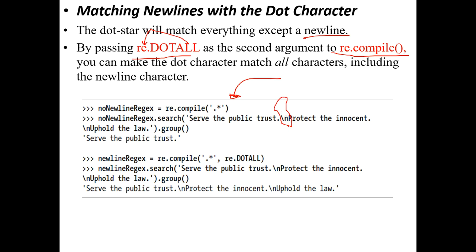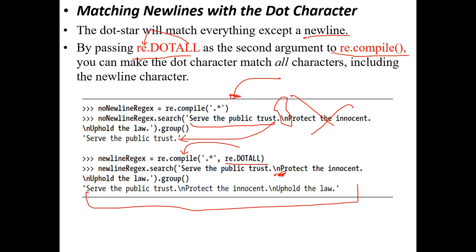When it encounters the new line character, this part will be skipped. Only it is going to match with serve the public trust. Because of that reason, the group is going to have this. But when I am passing re.DOTALL as the second argument, it is going to return the entire match including new line. That is the speciality of using re.DOTALL. It is going to match even with the new line character. Because of that reason, we have got the complete output here.